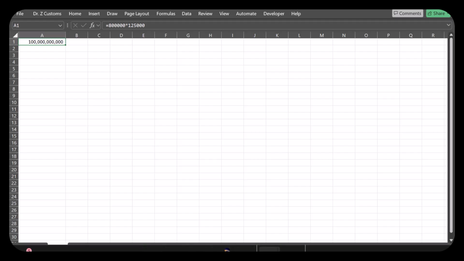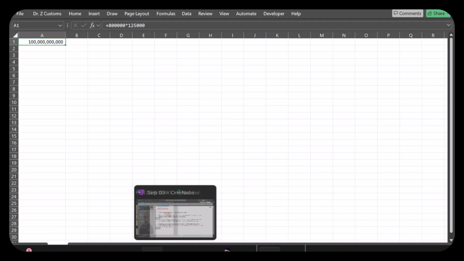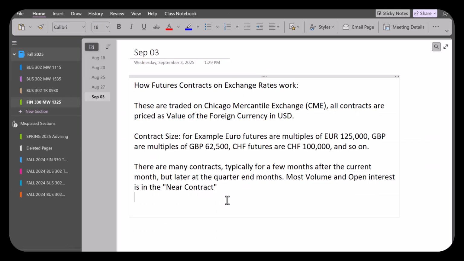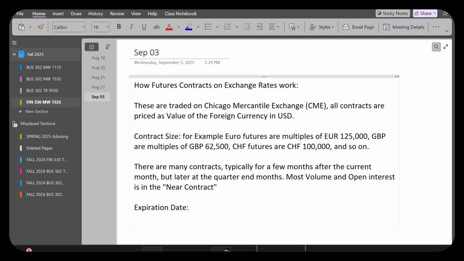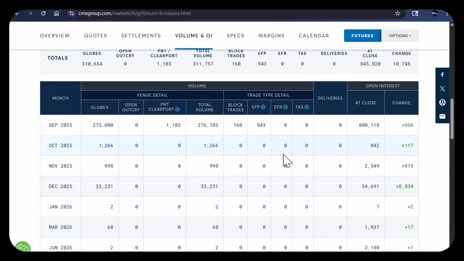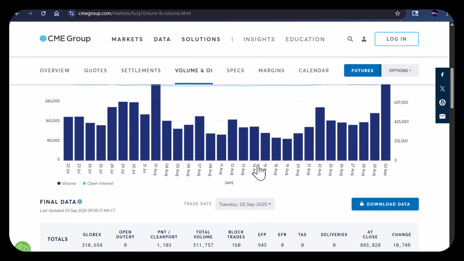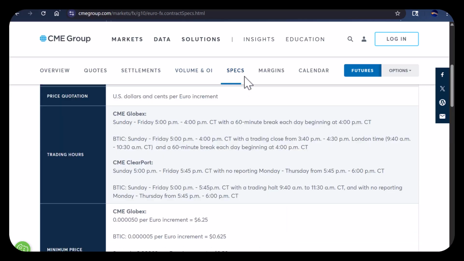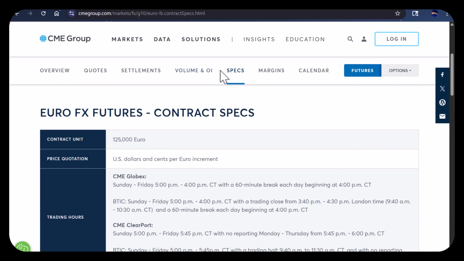For each contract, we need to define certain parameters. One of them is contract size, the other is expiration date, and we could get that from the specs tab.